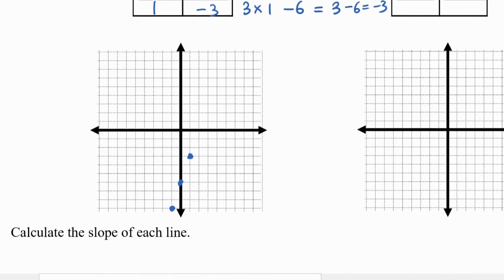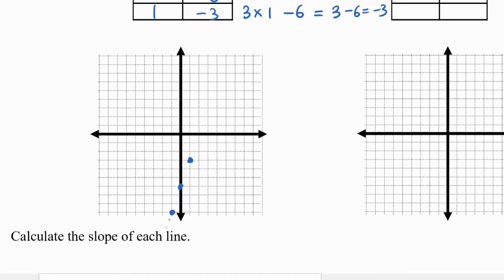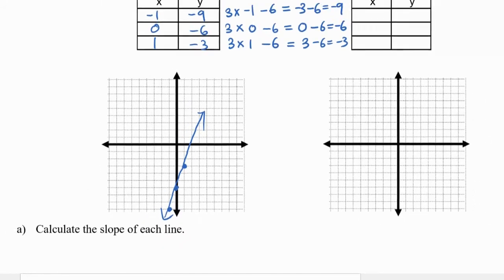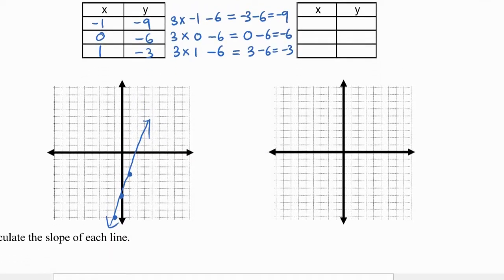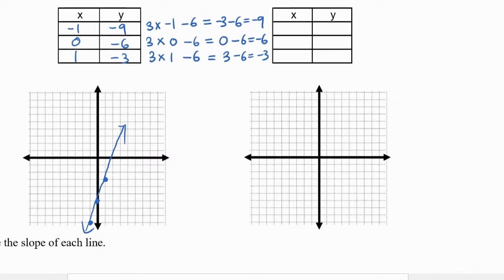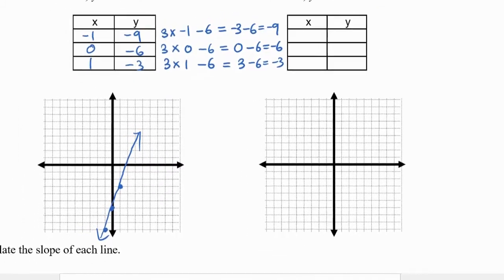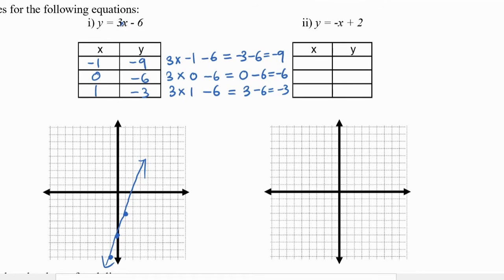All right, and we're going to join the points. You guys use a ruler. I cannot use a ruler because this is a tablet, but use a ruler to join the points. So it's a linear function.